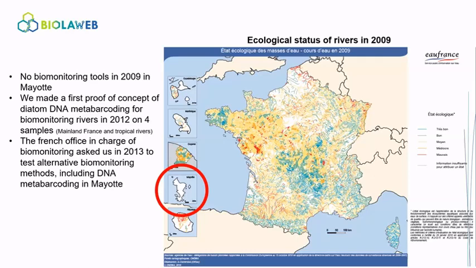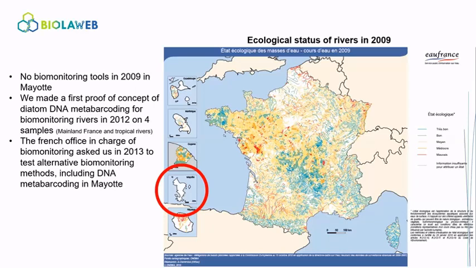And so they asked us to propose biomonitoring tools for Mayotte, so classical one based on microscopy for diatoms, for macroinvertebrates, but also to test DNA in this new island, in this island where there was nothing. In fact, just to explain you, Mayotte was before, I think it was 2011, a French territory, and there was a referendum, and people voted to stay in France.